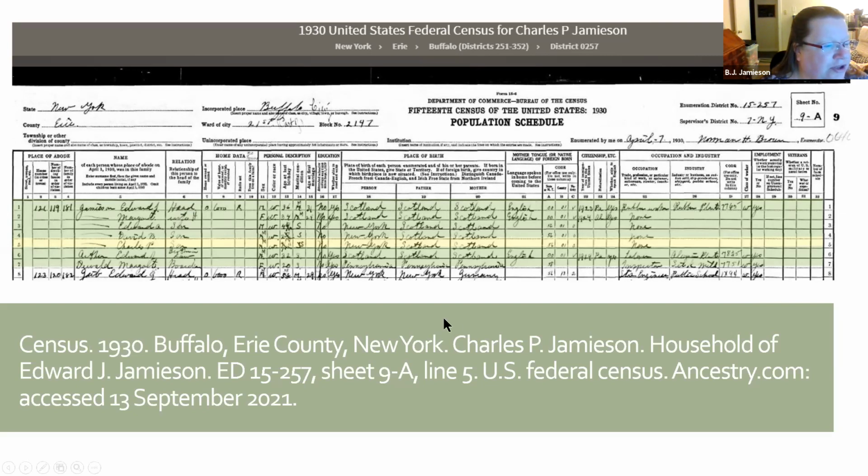And then the person we're interested in is Charles P. Jameson. This is one of the things I haven't seen other people do, but I like doing it on a census. I put the household of and whoever the head of the household is, if it's not the person I'm looking for. The reason is that I started doing this back when things were much more complex to find and weren't as well indexed.